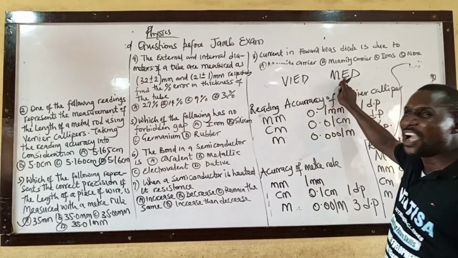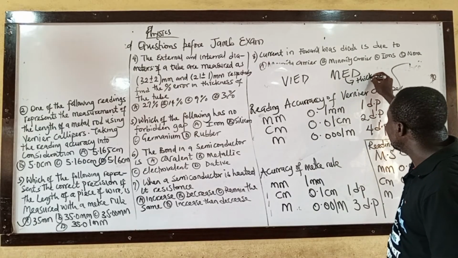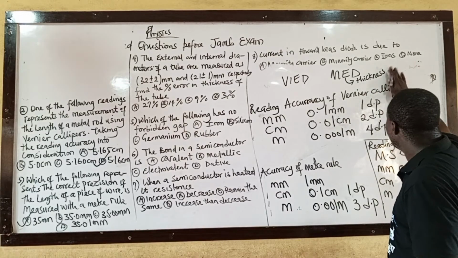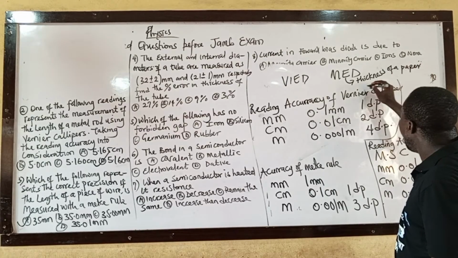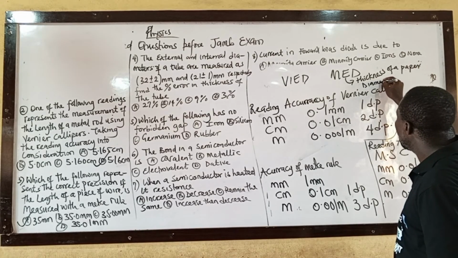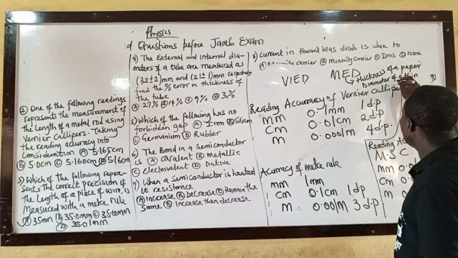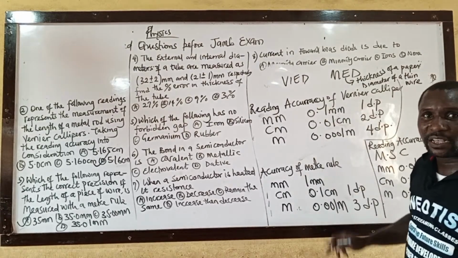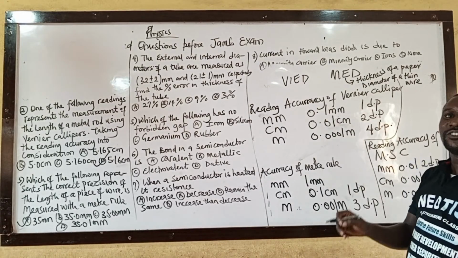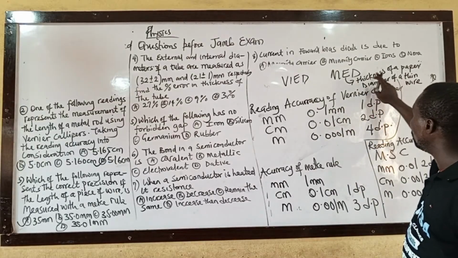But if you want to measure the thickness of a paper or the diameter of a thin wire, we use micrometer screw gauge.